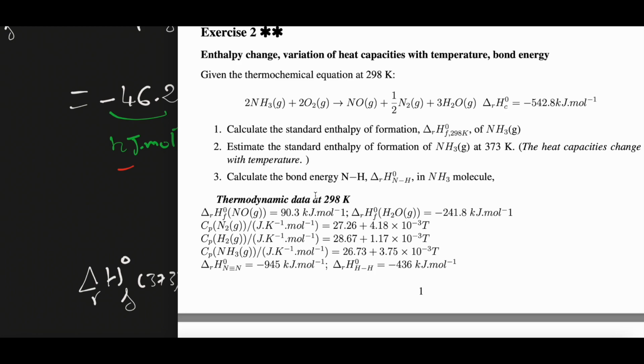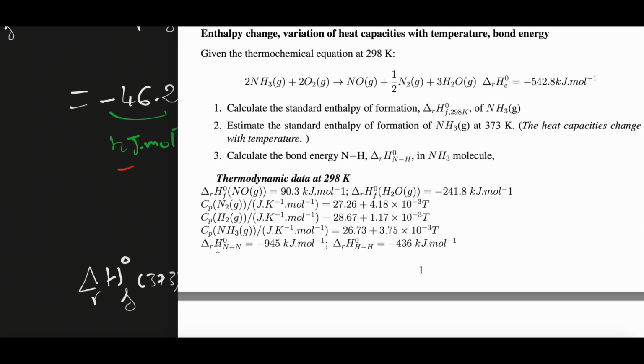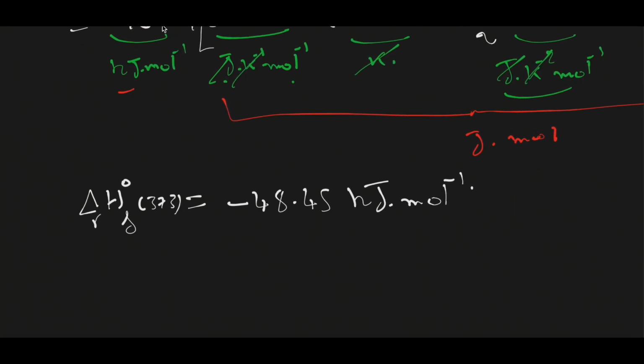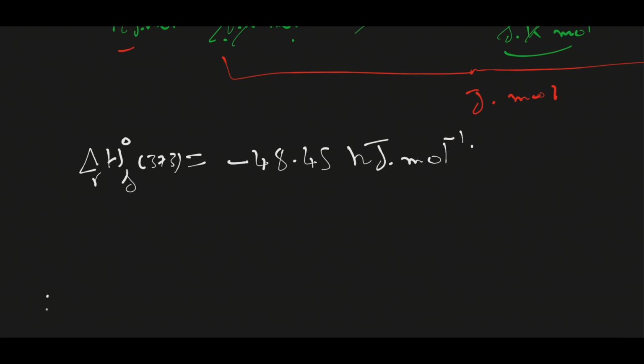Now let's do the last question. Here we'll have to calculate the bond energy of NH in this molecule. So we are given the bond energy of the triple bonds between nitrogens and of the bond between hydrogens. So we'll use the same equation, the reaction of formation of NH3.